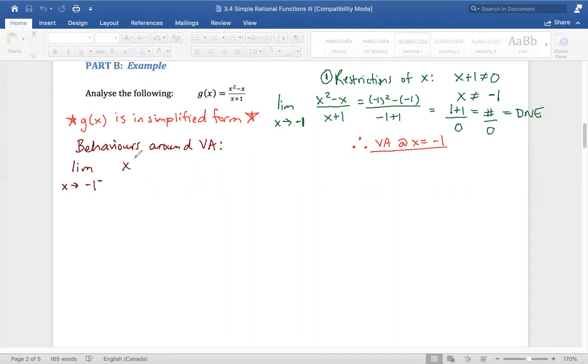We already know it's as simplified as it's going to be, so our original expression. Now here, if I'm plugging in, again, I'm looking for a value that's just to the left of -1. So for example, -1.001.